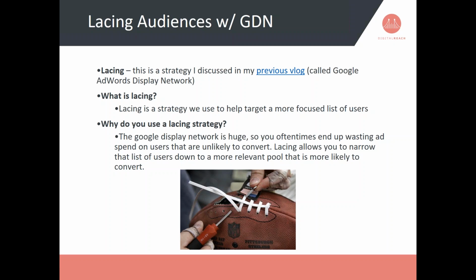So pretty big difference in size there, obviously. There's some pros and cons to that. The biggest con to the display network being as big as it is is that oftentimes when you set up a display campaign, you end up spraying your ads out into the universe, essentially, and it doesn't really get in front of the right users. It's just kind of everywhere. That's what this method helps you mitigate.